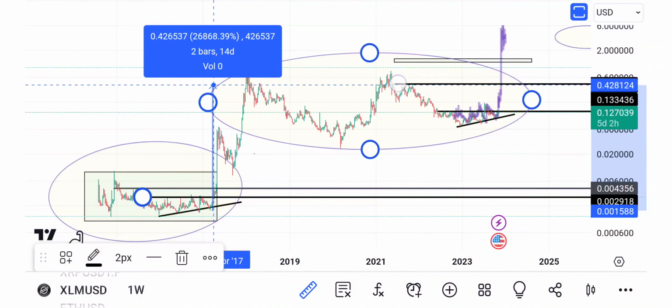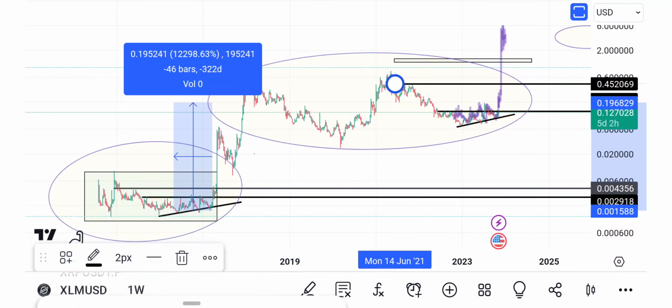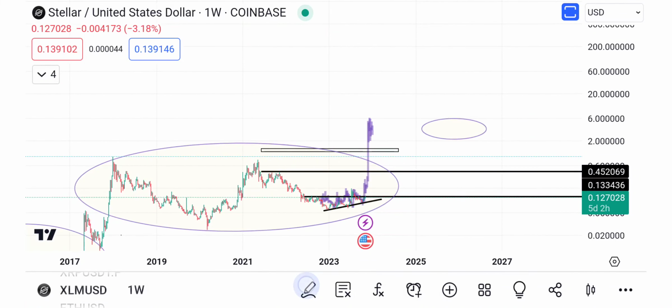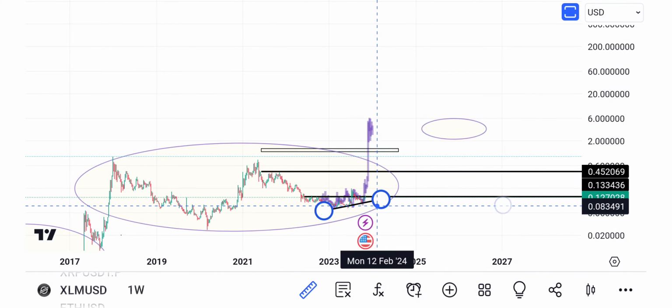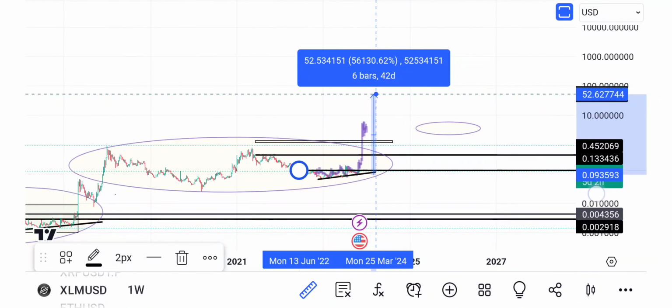So if we come down here, we go all the way to the top here. That was like, we'll say 56,000%. That's insane, right? So if we do that same thing here, and we say, okay, it's 56,000%, we're gonna go up another 56,000%. That's $52.